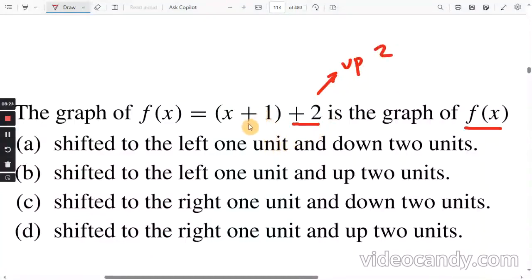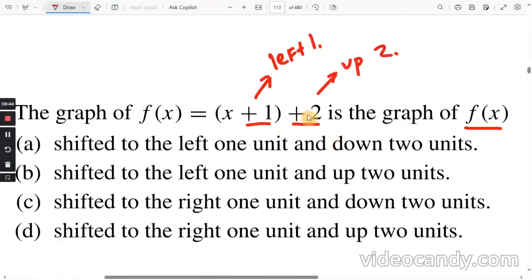But when you do plus 1 inside the parentheses, you're adding 1 to the x. So remember, when you add to the x, it's for the left, right, but it's reversed. So plus 1 actually makes it go left 1 unit.